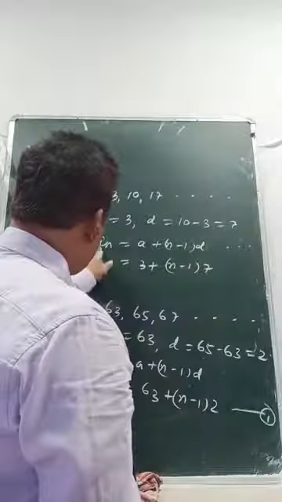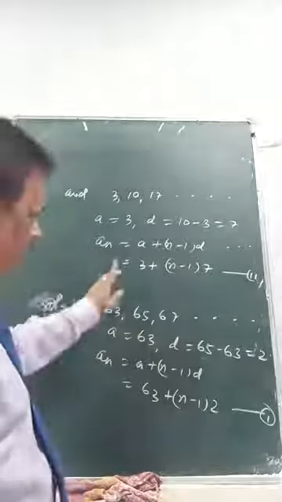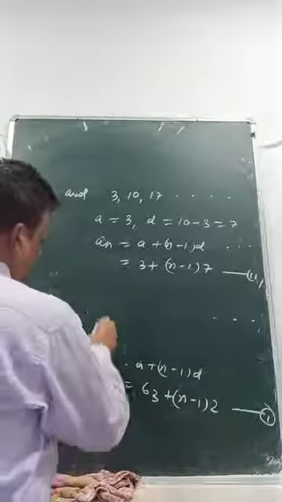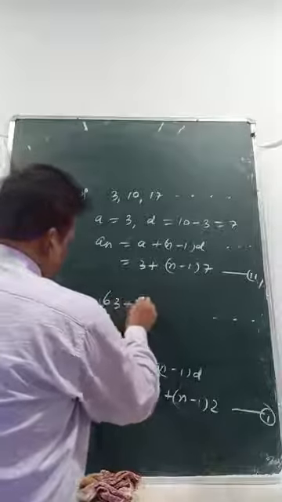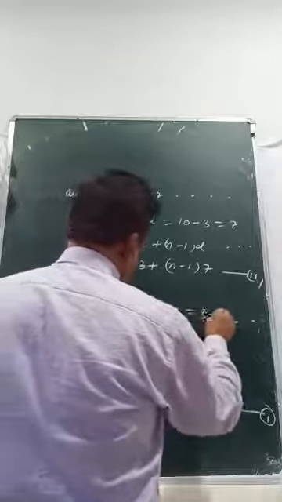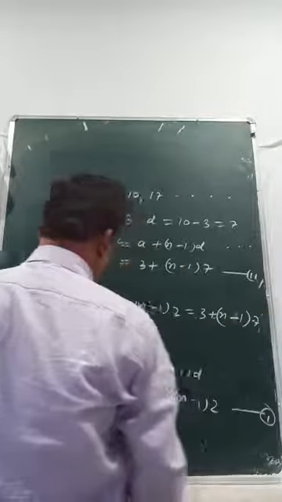So these two are equal. This An and this An are equal, given. That means what shall I write here? You have to write 63 plus n minus 1 into 2 equals 3 plus n minus 1 into 7.